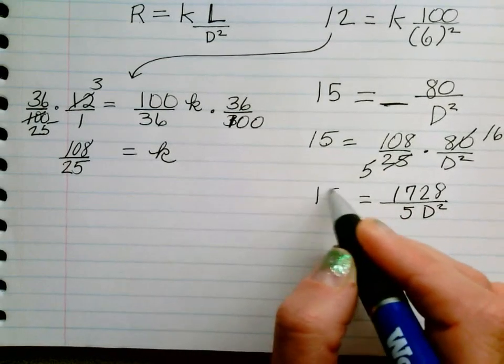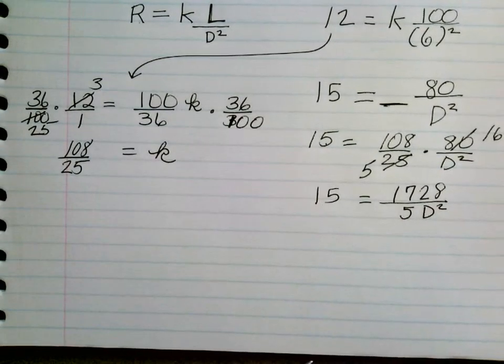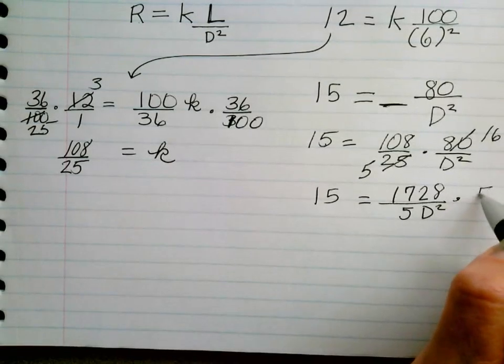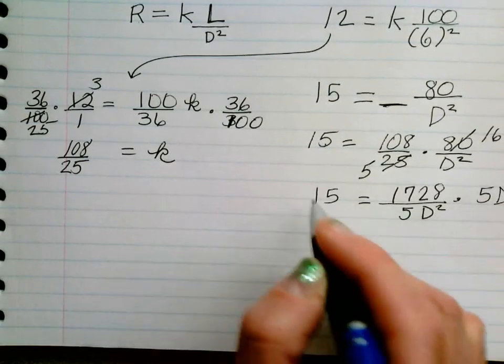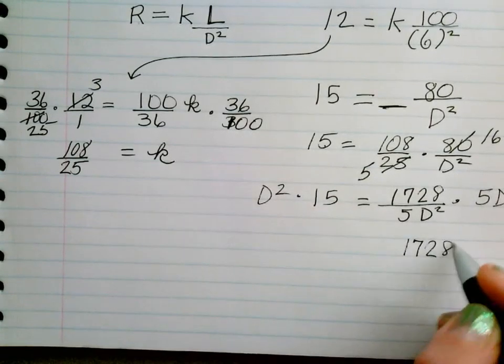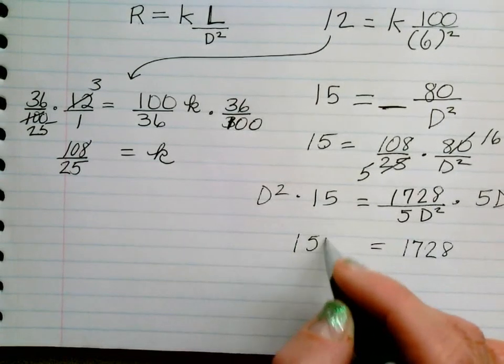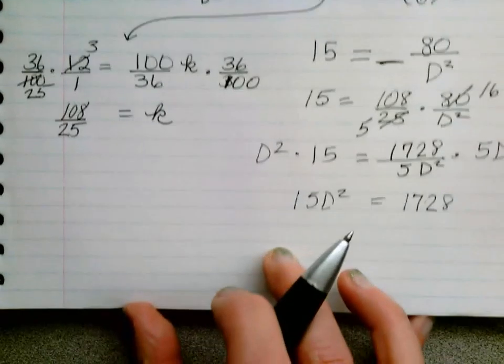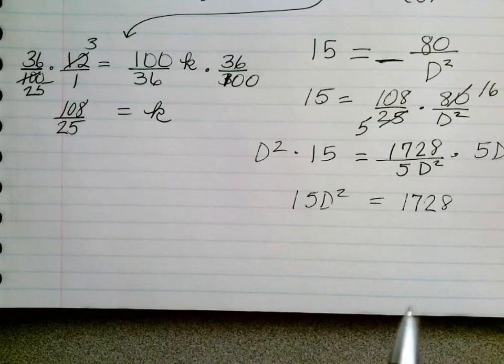All of that being equivalent to the ohms of 15. Whenever you're solving for a variable that's in the denominator, you multiply by the denominator to clear your fraction. You now have 1728 being equivalent to 15D squared. It gets easier to solve from here.